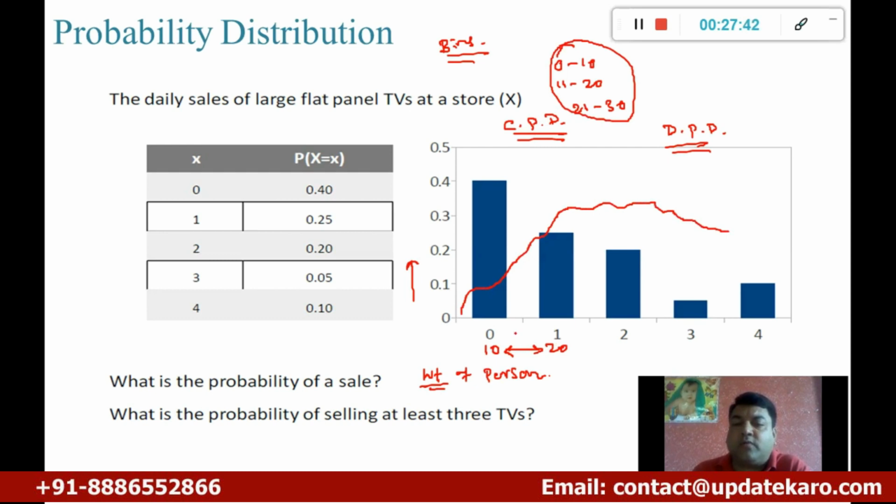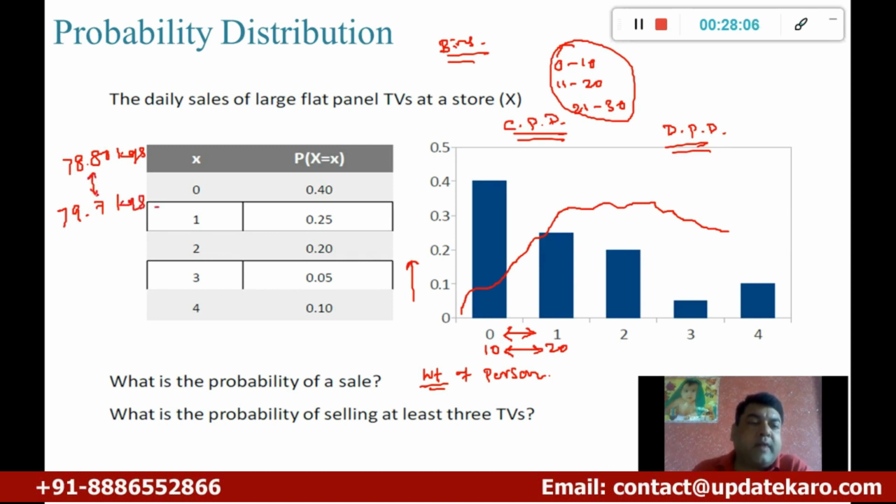Because there are a lot of values possible between 2 weights, right? Suppose I have a weight of 78.80 kgs and someone else has a weight of 79.7 kgs.